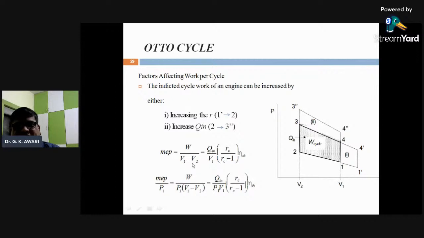MEP is nothing but the mean effective pressure. MEP divided by P1 is equal to W divided by P1 in bracket V1 minus V2, which is Q in divided by P1 V1 in bracket rc divided by rc minus 1, into the efficiency of the Otto cycle.